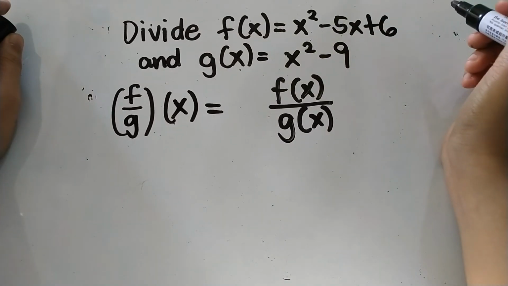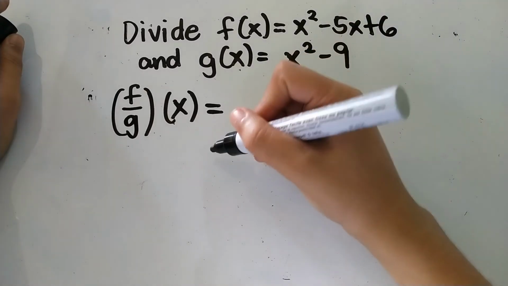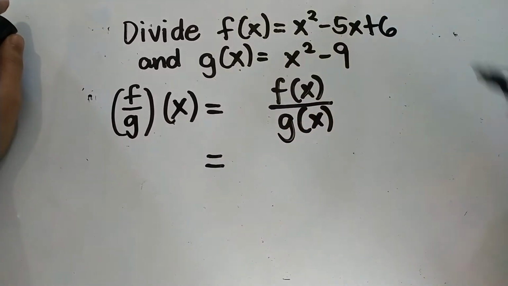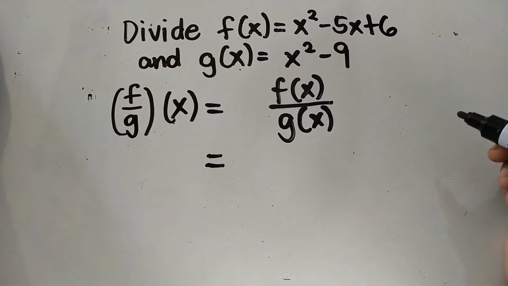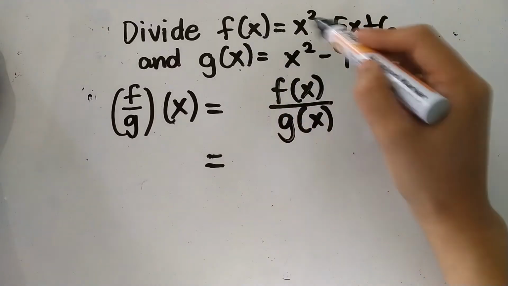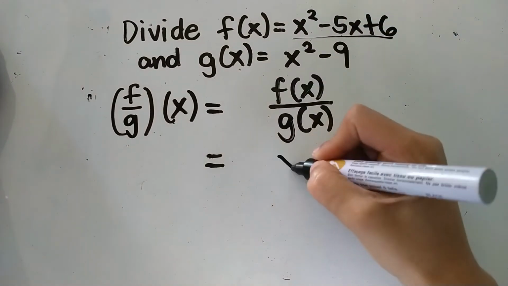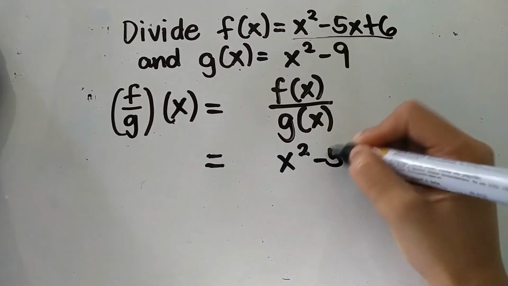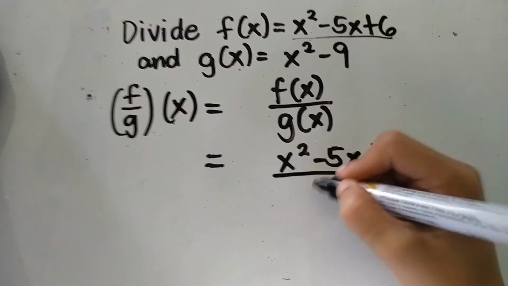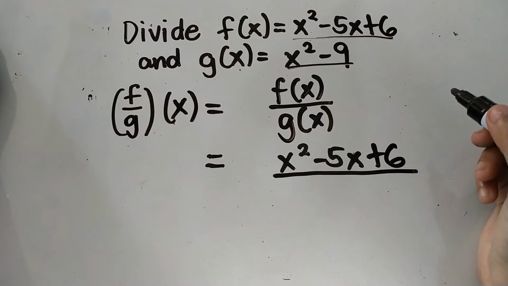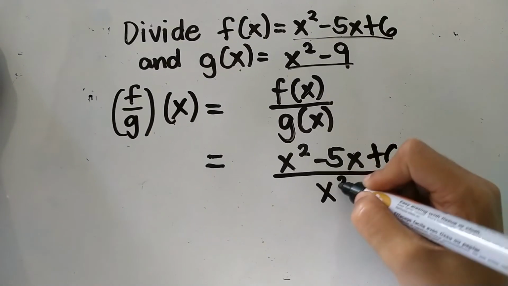Medyo mahaba siya, gagamit tayo ng fraction bar. Simply, what is f of x? Let's copy. It's x squared minus 5x plus 6 divided by the g of x, which is x squared minus 9.